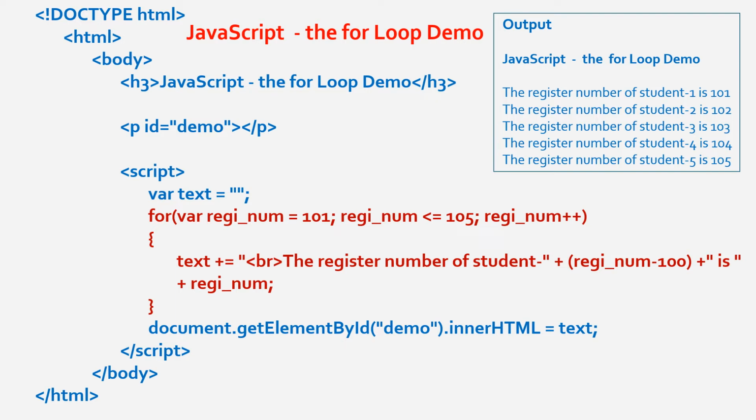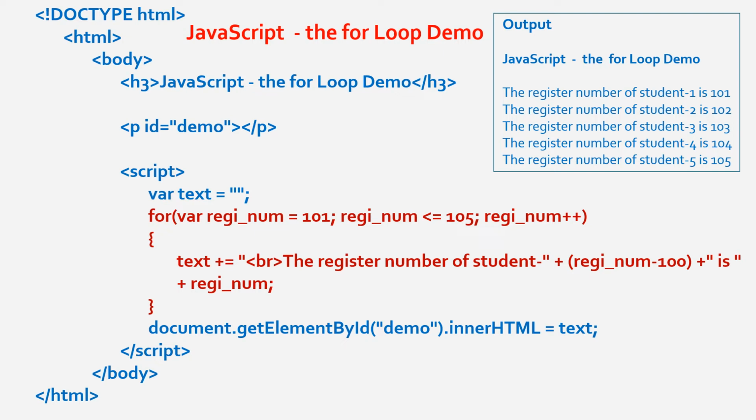Next comes the body of the loop, exactly what you need to specify. That same body of the loop only. Already I have explained how exactly it is working. Initially this initialization will execute, then it will check the condition statement, register number is less than or equal to 105. That is, 101 is less than 105, so this will keep on executing. After executing, this increment will happen.